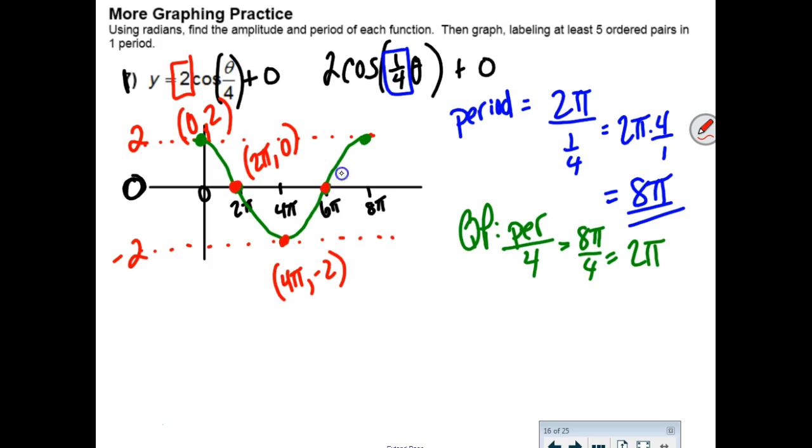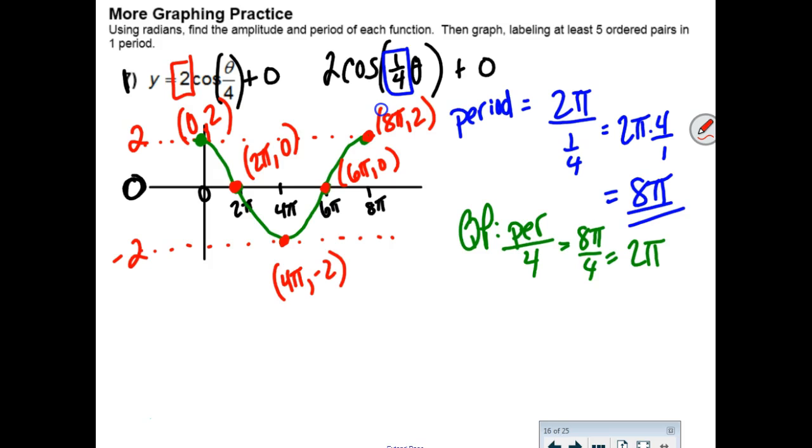What's this guy? Yeah. So I'm purposely identifying the ordered pairs that I already identified because I'm lazy. All right, 8 pi comma 2. That identification of the ordered pairs is so important when we start phase shifting because that gets hard. All right, good deal, good deal.